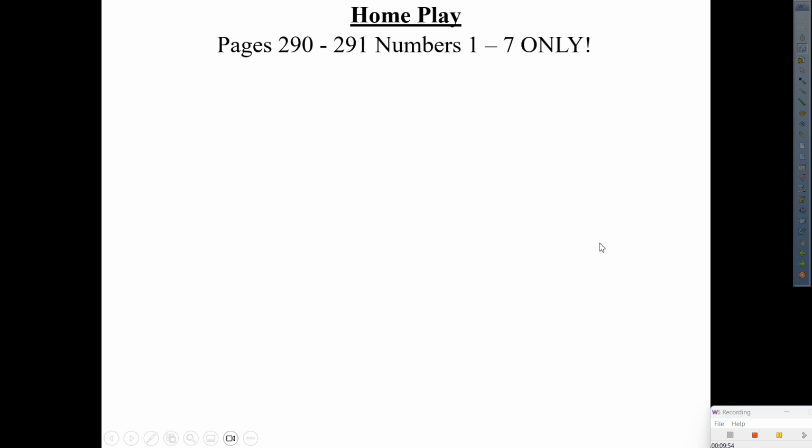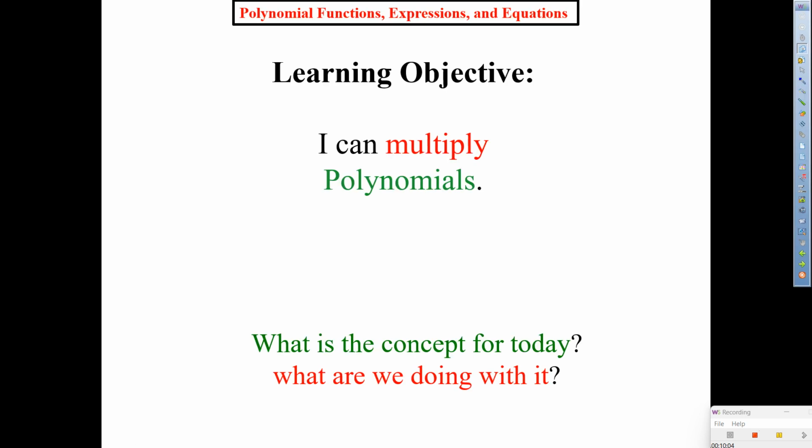All right, get a Cornell note. Our objective for today: I can multiply polynomials. You don't need a fair model, you just need to get your notes ready. I can multiply polynomials. All right.